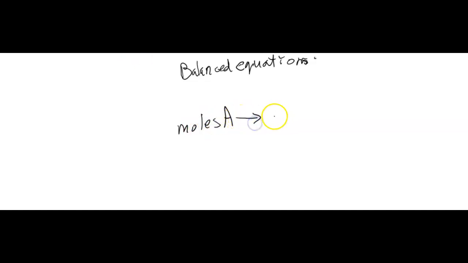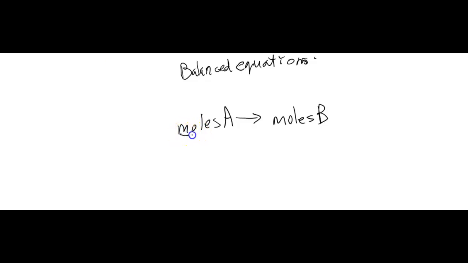Now, the basis of the stoichiometric calculations that we've done is all based around one simple fact: the balanced equation tells us that we can go from moles of one compound, so moles of A, to moles of B. That's it. That's the one thing that our balanced equation is good for in stoichiometric calculations.